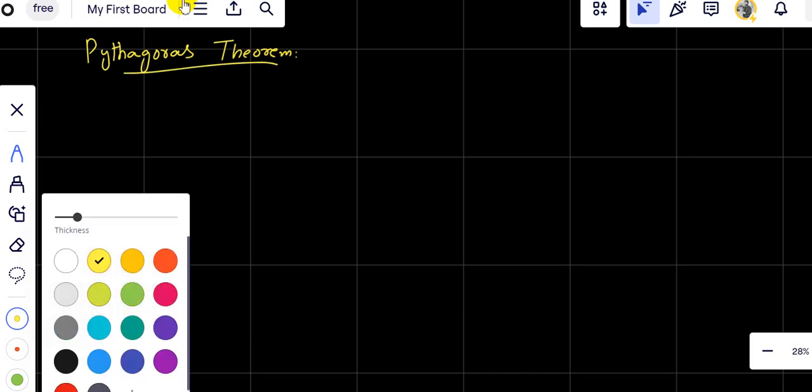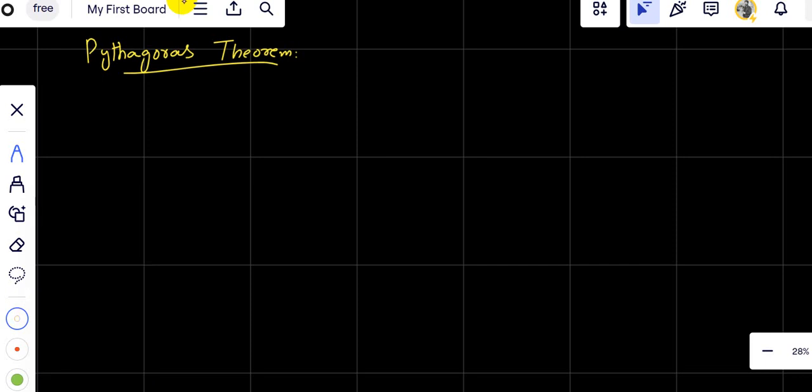And what are these A, B, and C? So, I should write it as C square equals A square plus B square.